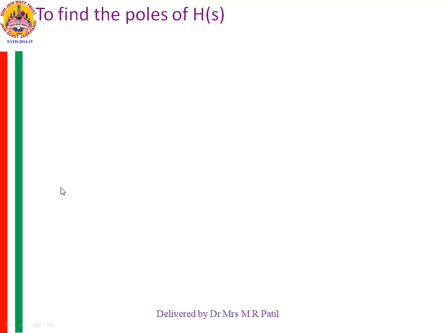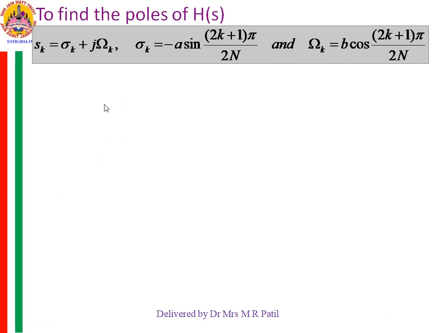Now to find the poles of H(s), we find where s_k is equal to sigma_k plus j omega_k, where sigma_k is the real part of the pole location and omega_k the imaginary part. Sigma_k is equal to minus a sine of (2k plus 1) pi by 2n. Omega_k is equal to b cos of (2k plus 1) pi by 2n.